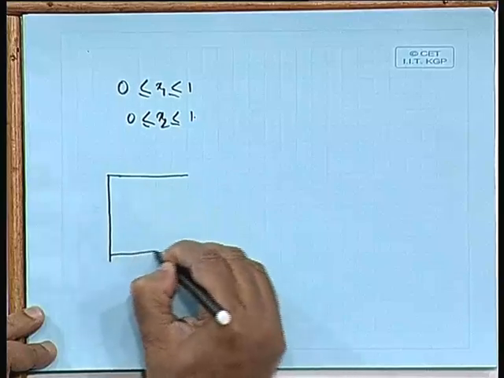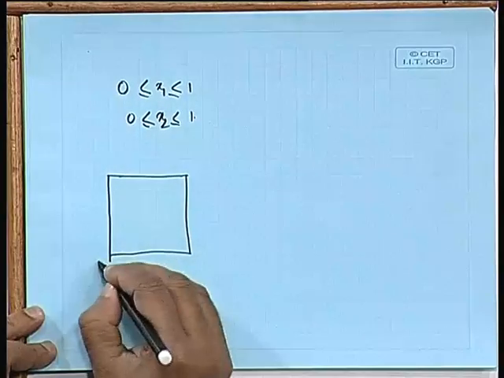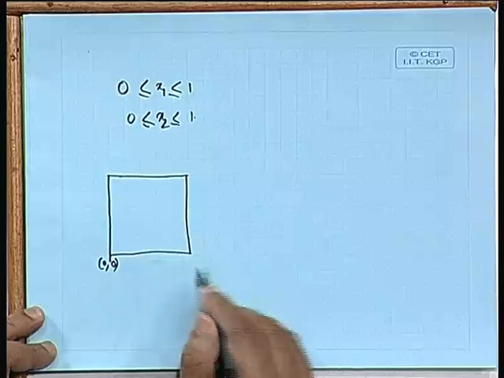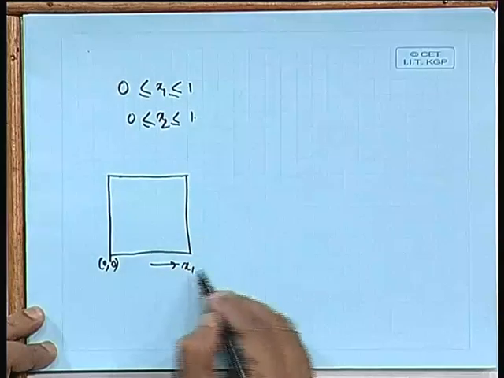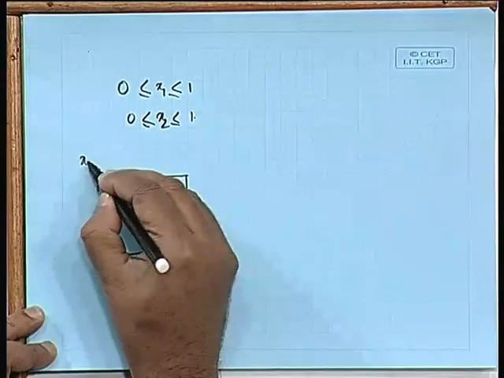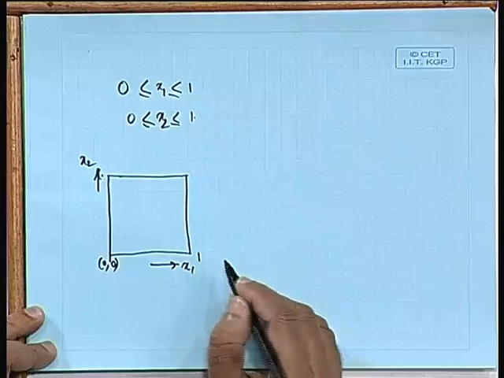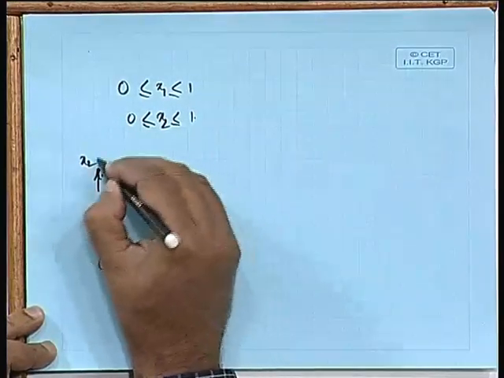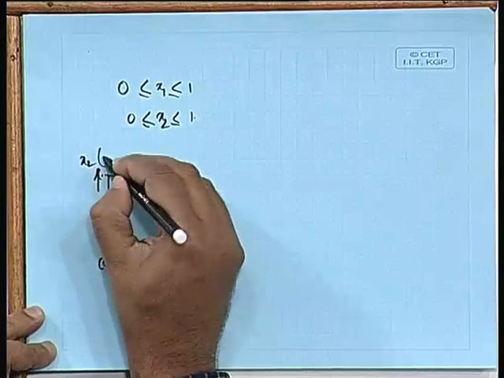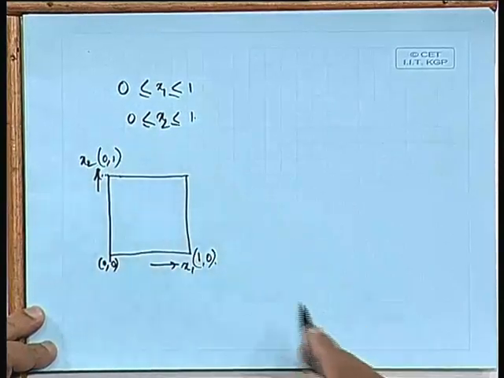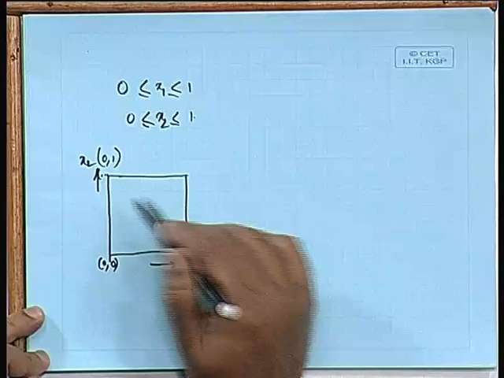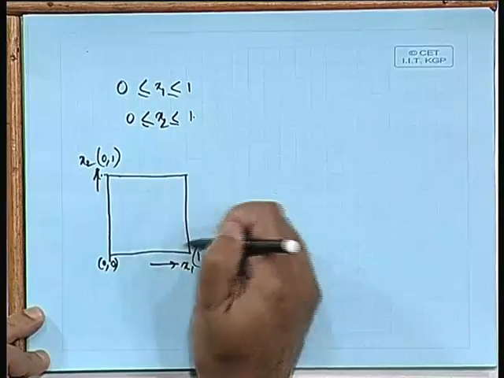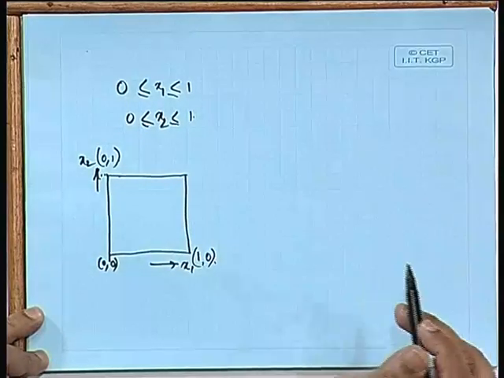This is the point of origin, 0 0, in this direction we plot x1, and in this direction we plot x2. This is x1 equal to 1, the point 1 0, and this is x2 equal to 1, corresponding to 0 1. This is the complete space. Whatever input vector we pick up, we have to pick from this space.